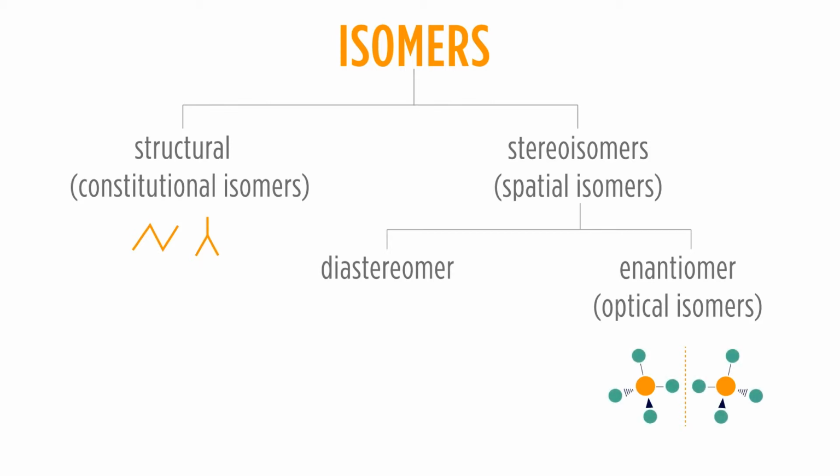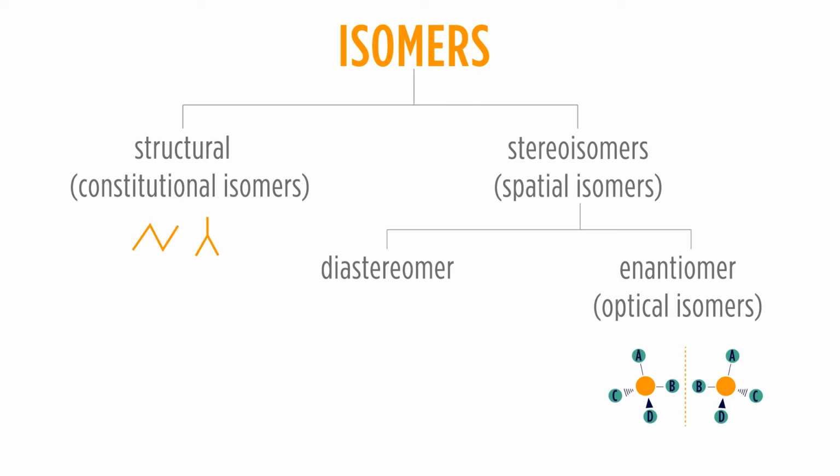We can visualize a generic carbon with A, B, C, and D attached. We can have 2 species that are mirror images of each other. Enantiomers are defined as 2 non-superimposable molecules that are mirror images.